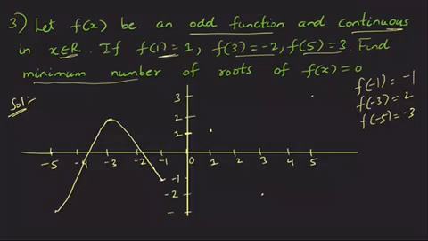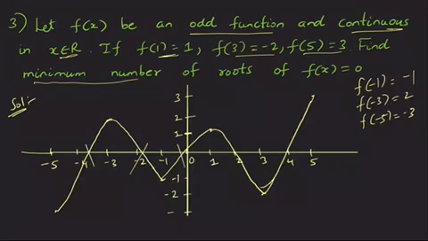So f(negative 1) is negative 1, and then f(1) is positive 1, and then f(3) is negative 2, and again f(5) is positive 3. So the graph is something like this. Now since it's continuous, we can see that it cuts the x-axis at 1, 2, 3, 4 and 5 points.